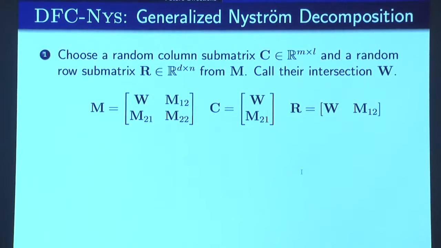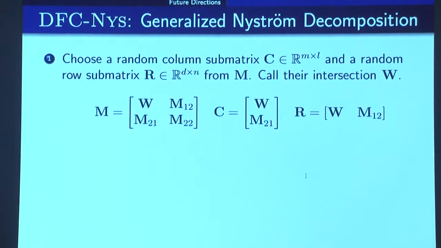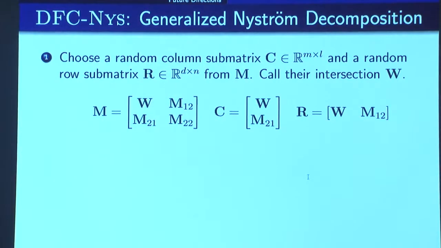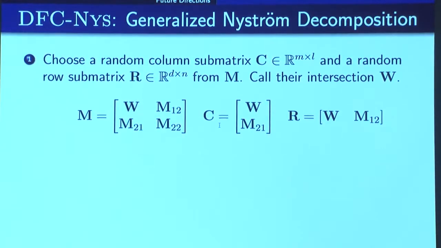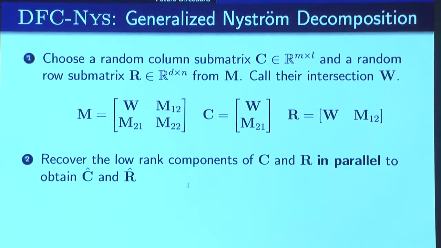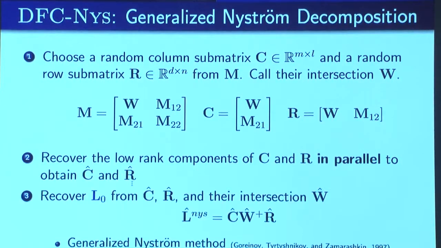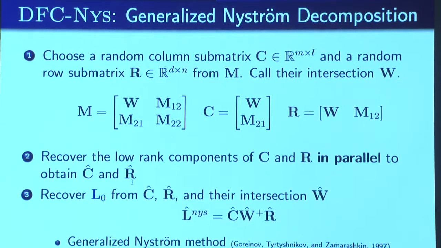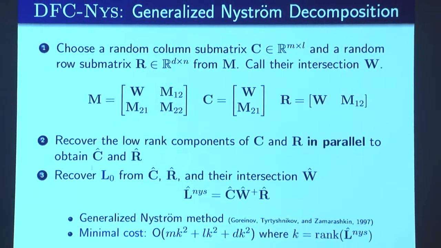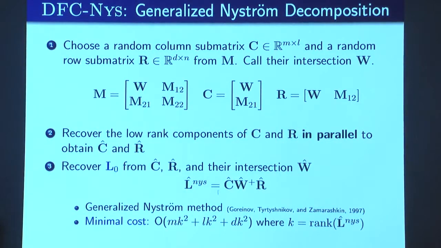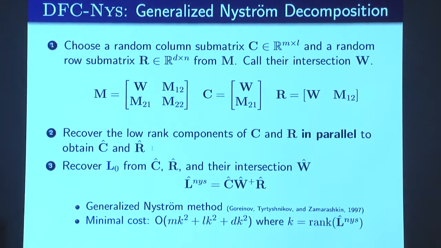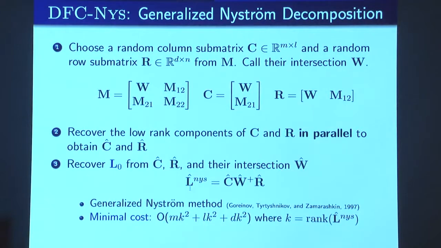Instead of just partitioning your columns, you can choose a random subset of columns, call those C, and a random subset of rows, call those R. Get an estimate for C and R in parallel, recovering their low-rank components, C hat and R hat, and then reconstruct the entire matrix just based on C and R. If your matrix really is low rank and you're recovering the column space in C and the row space in R, you can use the generalized Nyström decomposition as your estimate for the whole matrix.